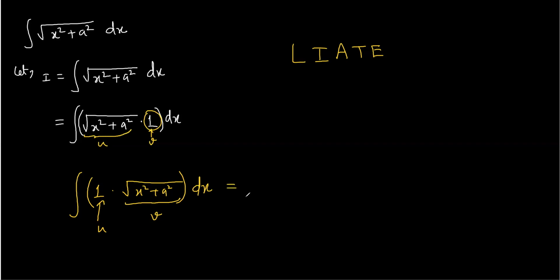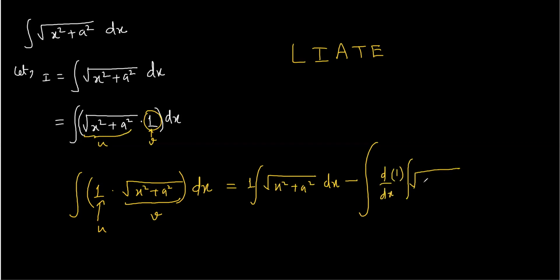When I apply integration by parts, I will get 1 integral square root of x square plus a square dx minus big integral d by dx of 1 and integral square root of x square plus a square dx, and then dx for this.